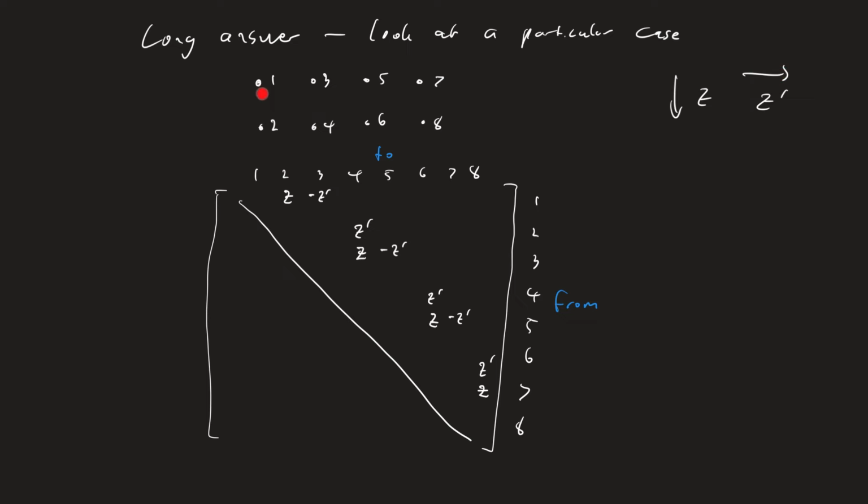So for example, if we have a tile from 1 to 2, remember our convention from the smaller number to the larger number, a tile from 1 to 2 would correspond to from 1 to 2, this position in our matrix, and a tile placed from 1 to 2 is going to be vertical, so I put a z there as opposed to a z prime.